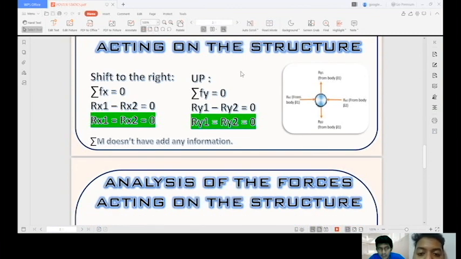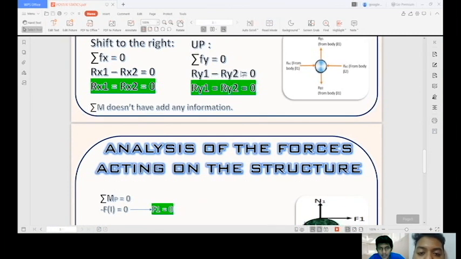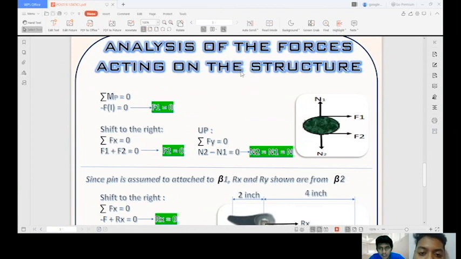Okay, so next we will move to analysis of the forces acting on the structure. The total moment equals 0, where negative F1 equals 0.